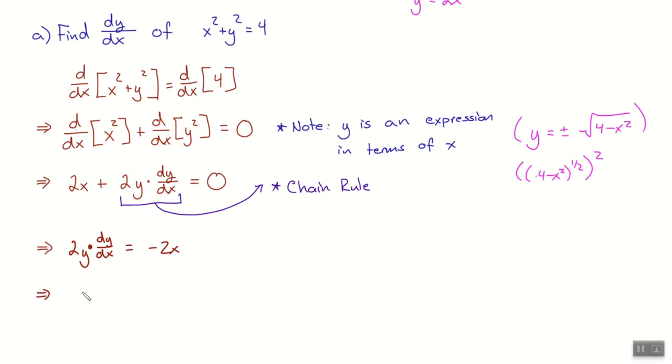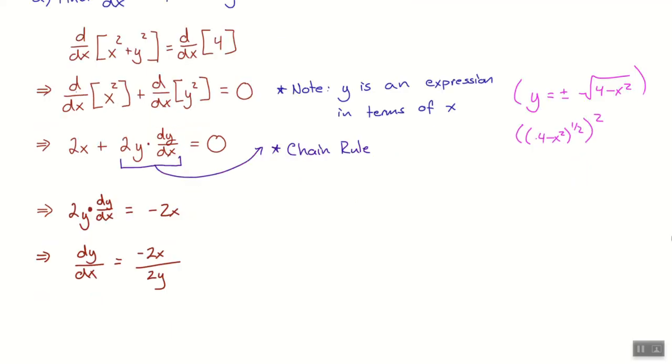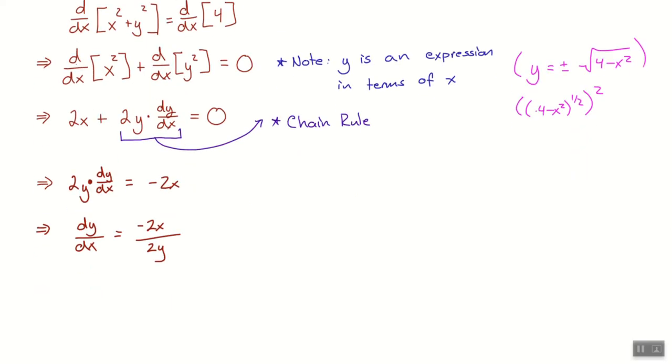By 2y, which means we get dy dx equals negative 2x over 2y. And then one more step, is there any obvious simplification that we should all endorse? So the 2's divide out, and we wind up with dy dx is exactly negative x over y.